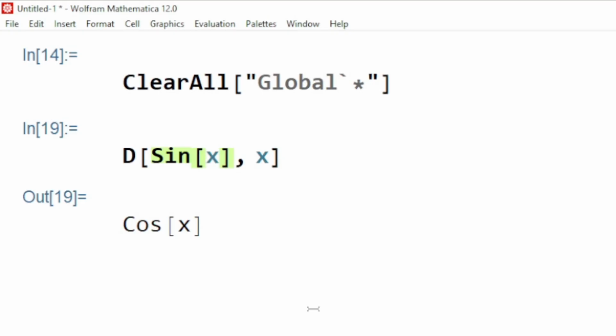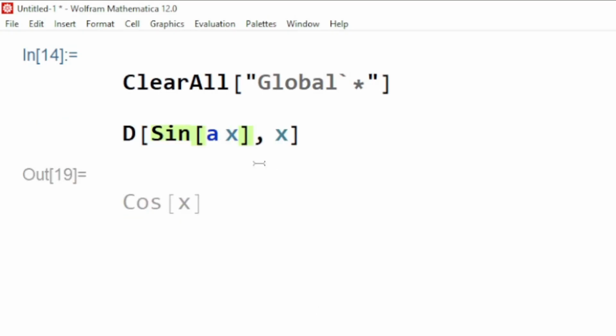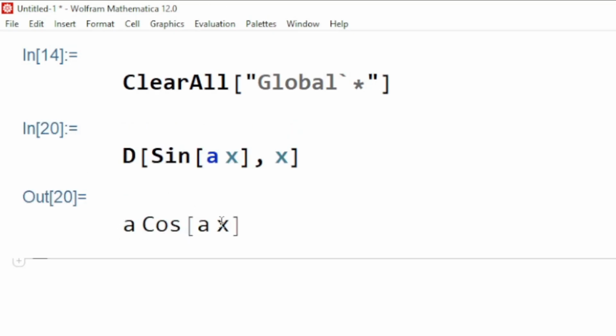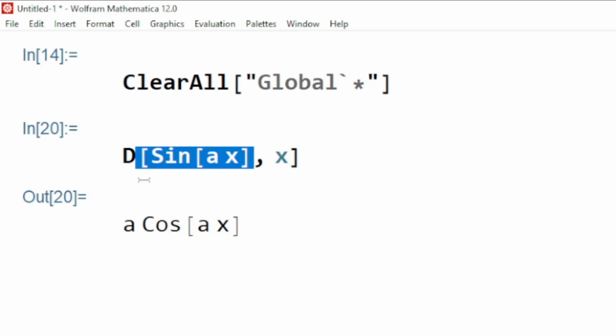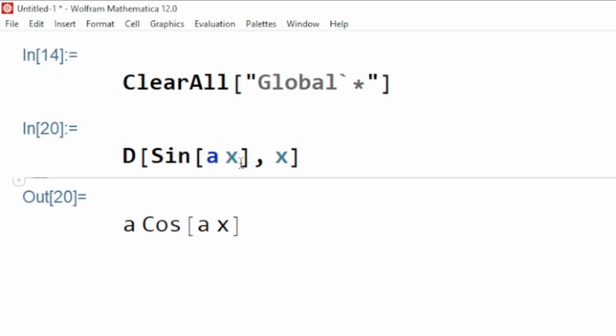For example, if I add a constant as a multiplication to the variable in the argument, and I write it like this, now Mathematica gives me a times cos ax, because cos ax is the derivative of sine of ax, and this a comes from the derivative of this argument, which is obtained by using the chain rule.